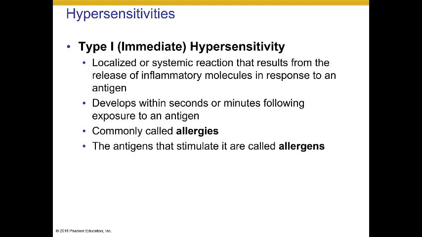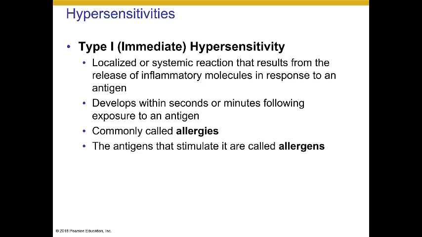So type 1, an immediate hypersensitivity, these are basically your allergies. So this can be a localized immune reaction or a more systemic immune reaction. The result is a release of inflammatory molecules in response to a particular antigen. And in this case, we're talking about antigens known as allergens.